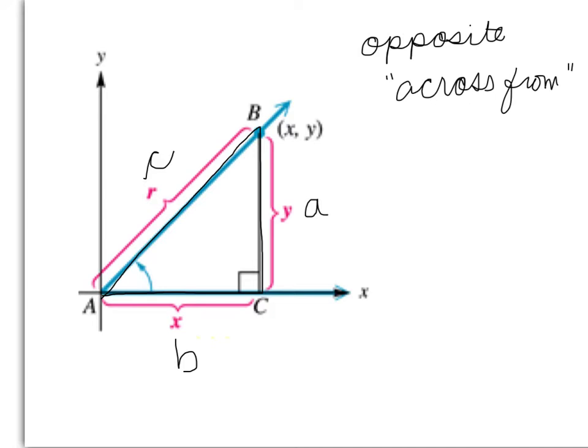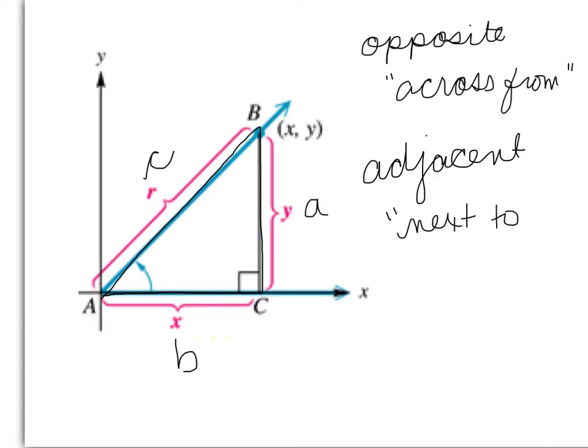We can also reference these as adjacent. And adjacent means next to. Side B is adjacent to angle A. We never reference a side as being adjacent to the right angle.